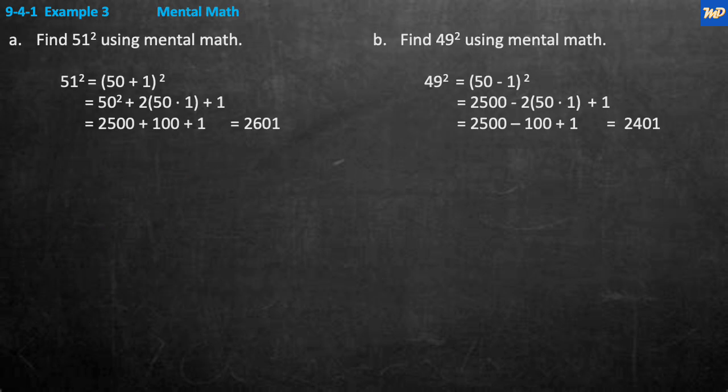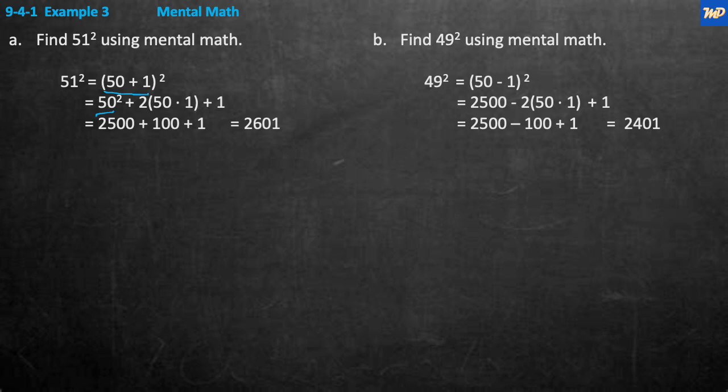Okay, example 3, mental math. Find 51 squared using mental math. So 51 squared, we're going to break that into a binomial squared. We're going to break it into 50 plus 1, so 50 plus 1 squared. Since we can do that, we can now say 50 squared. Take the first term and square it.